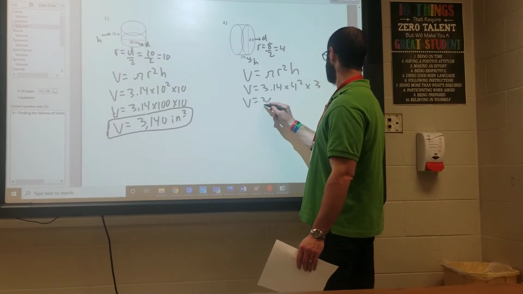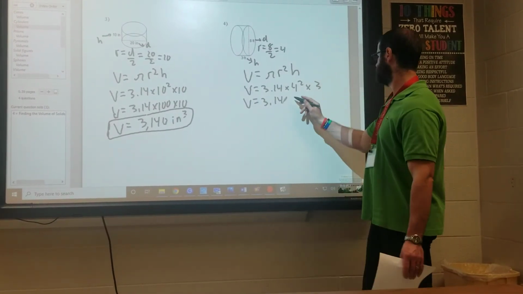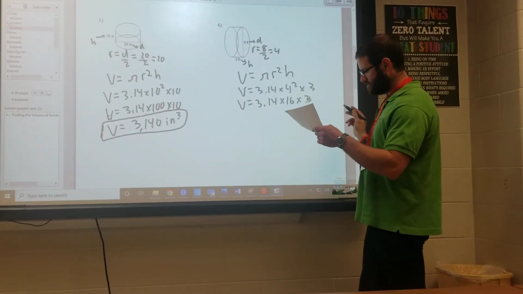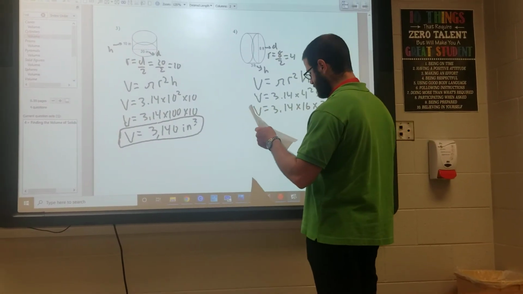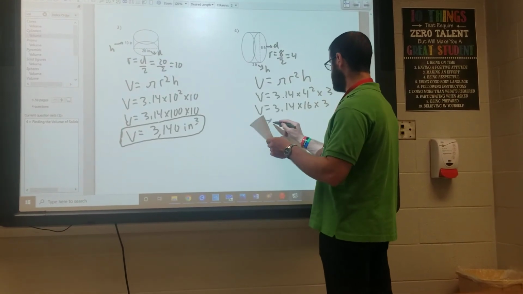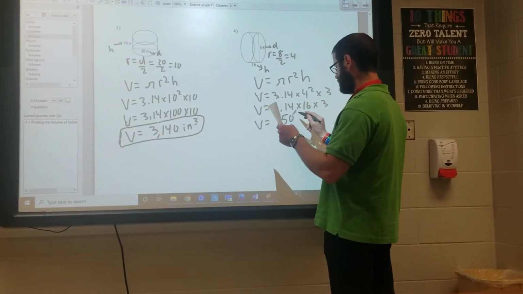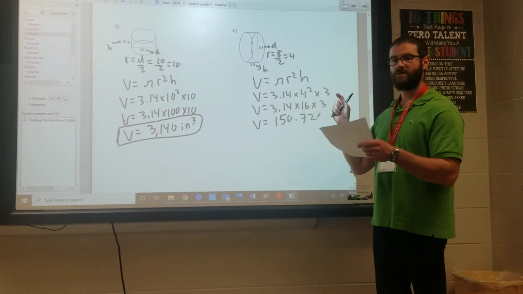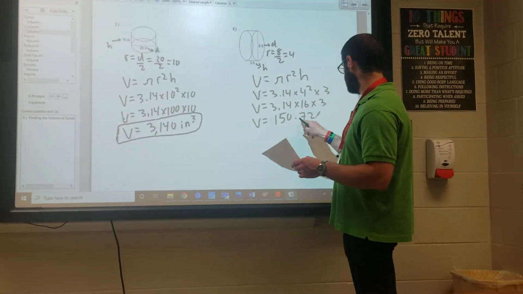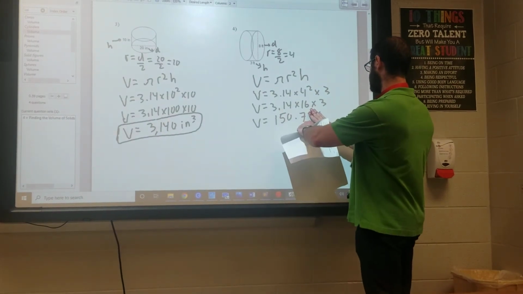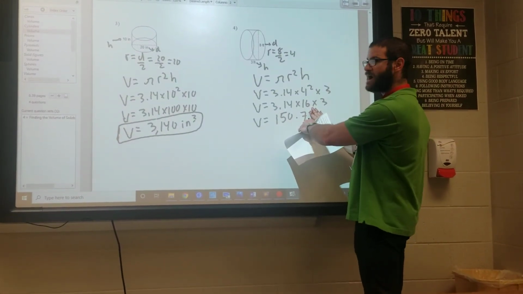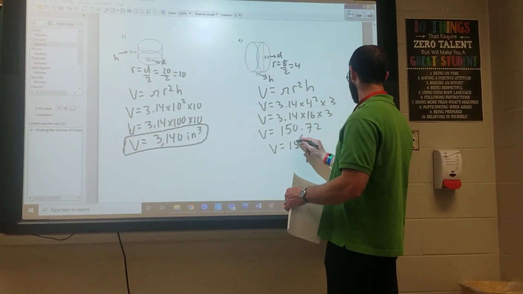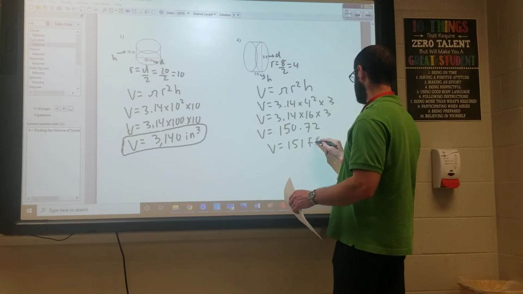Simplify the exponent, so 4 squared is 16, times 3. And I would get volume equals 150.72. Since I am rounding to the nearest whole number, I just look at the first number after the decimal. Since 7 is greater than 5, I would round up to 151, the next whole number up. So 151 feet cubed.